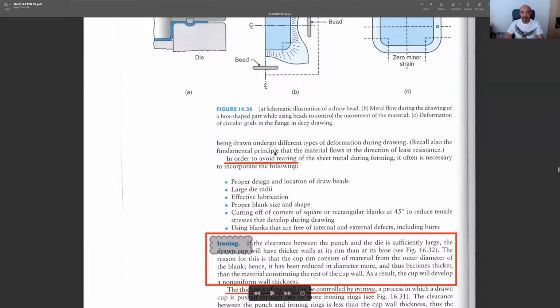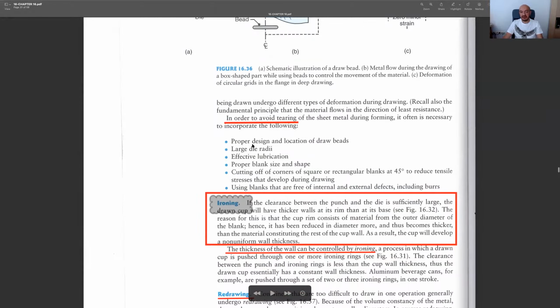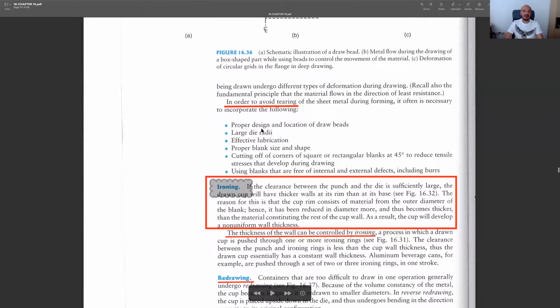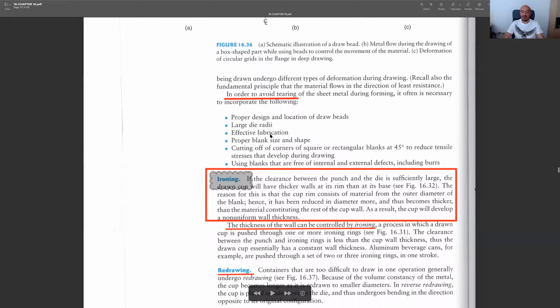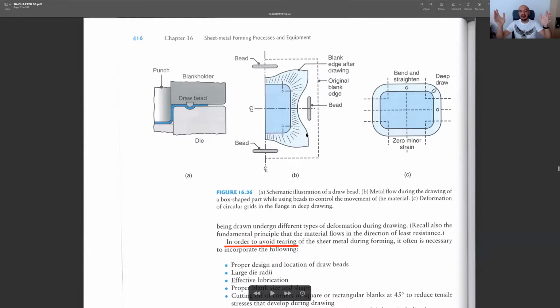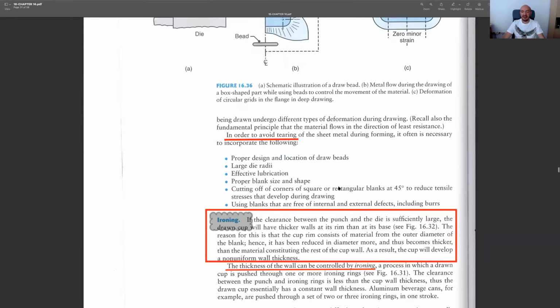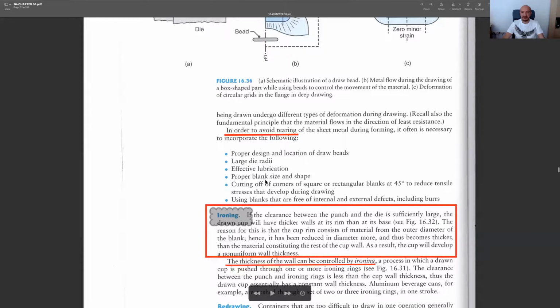If you want to avoid tearing, you should spend more time on the design of your beads, more time on the design of your die, so that the radii of the die and the punch will be fine enough. You should have proper lubrication. You should check the size of your blank material so that after the operation, it will have the desired size. Another thing, you shouldn't always have sharper corners.